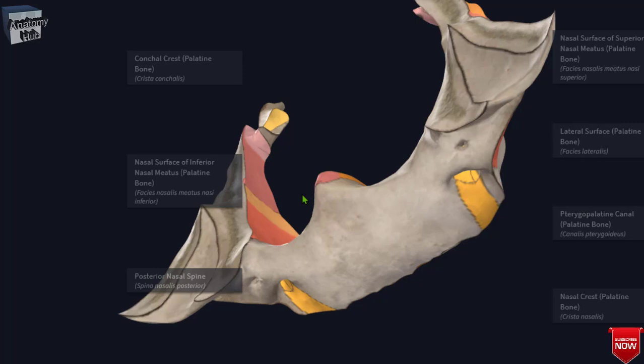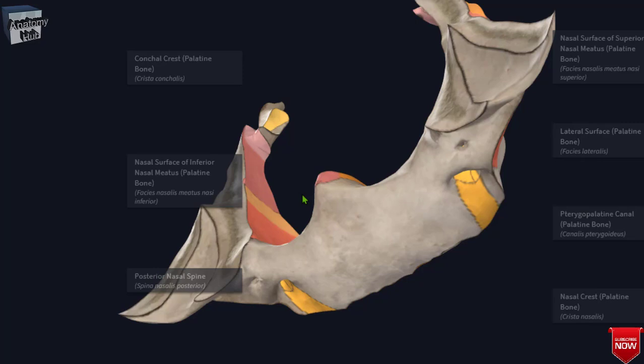For this procedure, the needle is inserted on the medial side of the second molar tooth, 1 cm from the gingival margin, and the dentist must be careful not to use too much force and penetrate the greater palatine foramen, because that may damage the greater palatine nerve and the vessels.